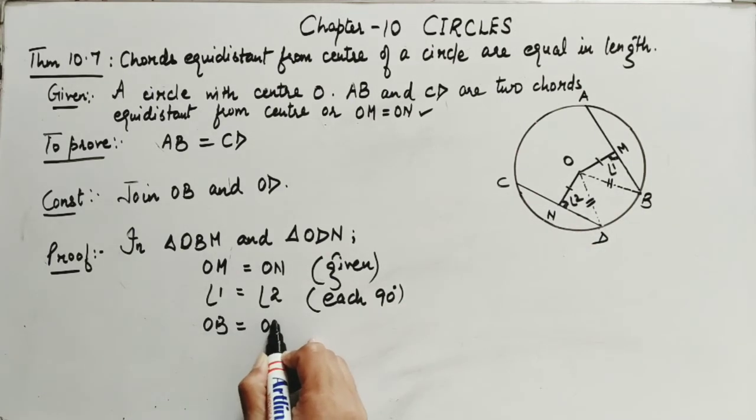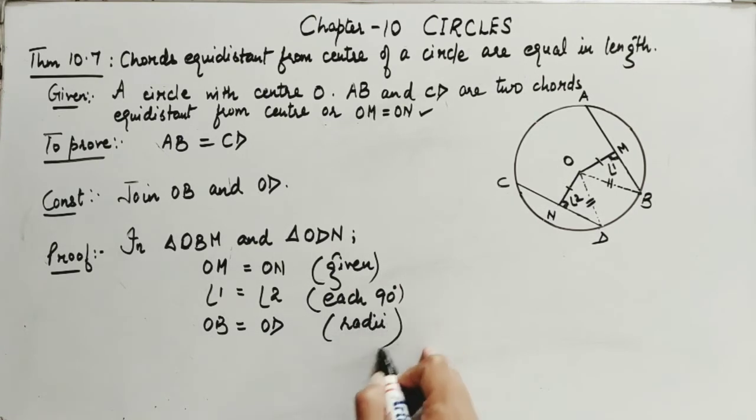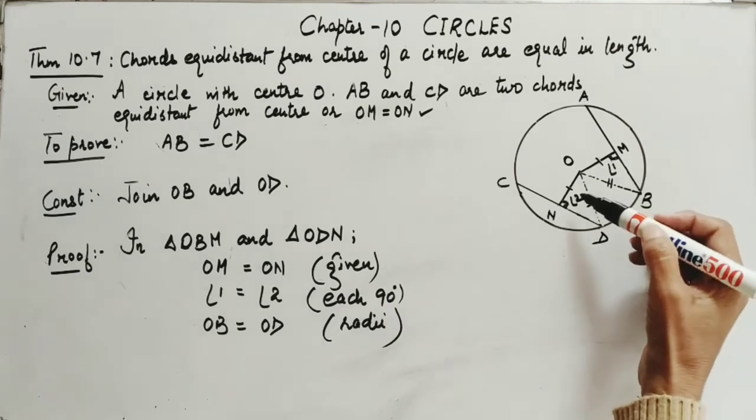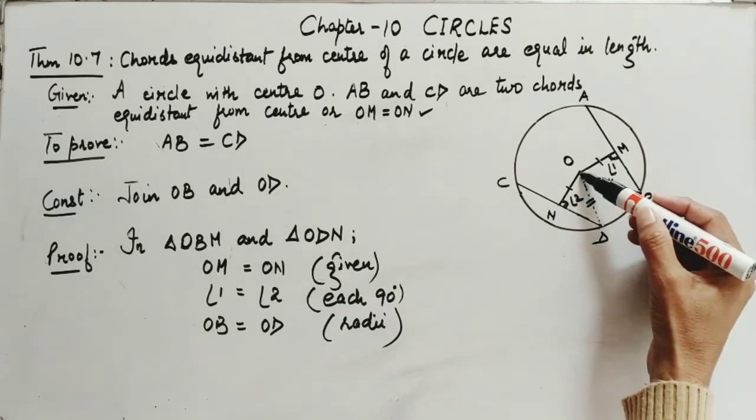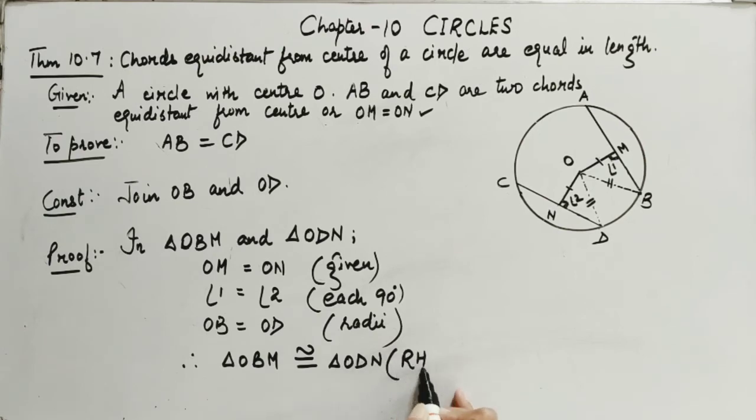OB and OD are the radii of the same circle. So which rule? Right angle, hypotenuse and one side. Triangle OBM is congruent to triangle ODN by RHS rule.